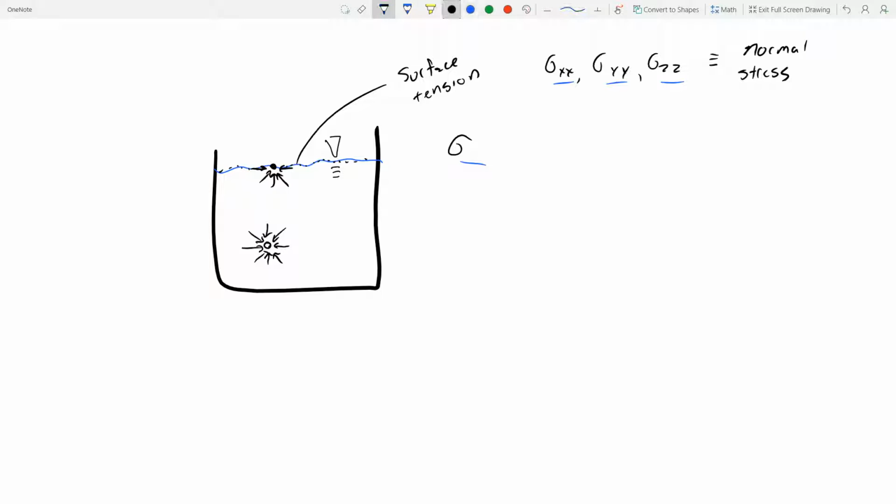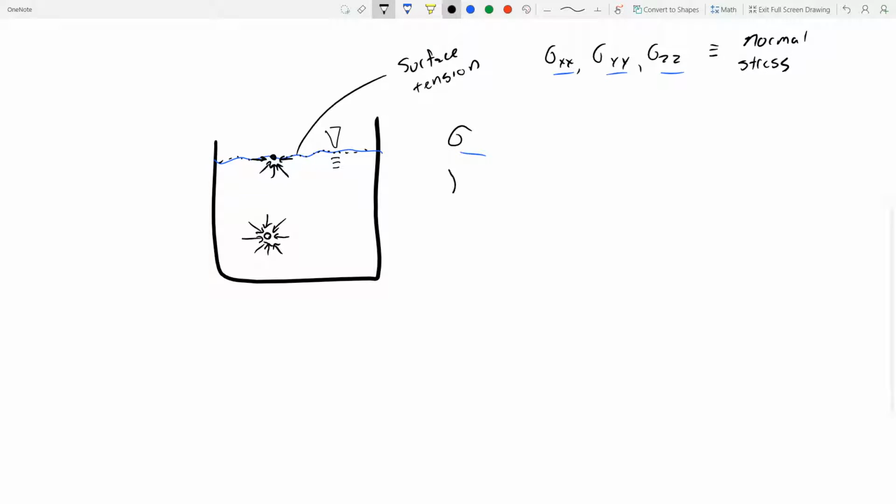In the extra handout that I posted on Canvas about surface tension, I believe they use the symbol gamma. That would be an option too, but we're going to use gamma for something else important later in the course. So no gamma for us. We're going to stick with sigma. Remember, no subscripts, no xx, no yy, no zz.